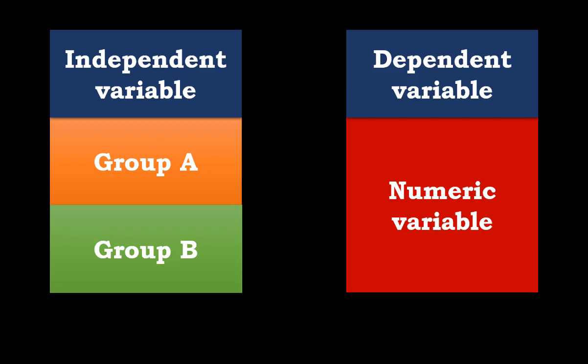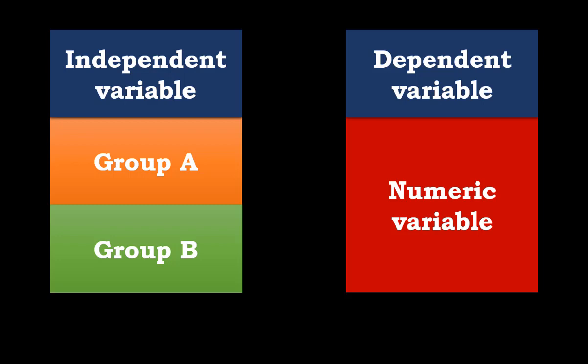This is a technical word to say that the values of that independent variable, group A and group B, were determined before the experiment. For example, we want to compare adults versus children. So these are the two values in the independent variable. We want to compare them in their working memory capacity, which is the dependent variable.